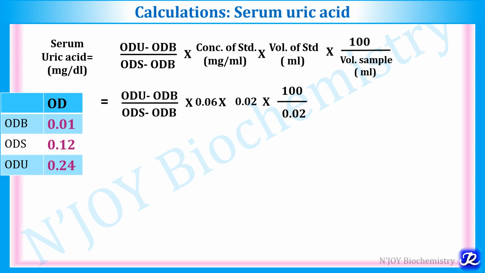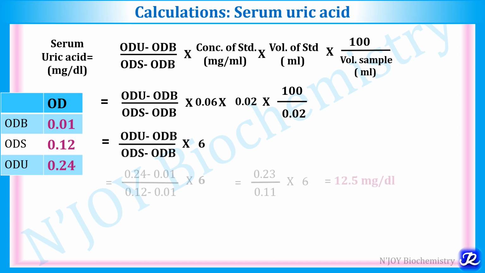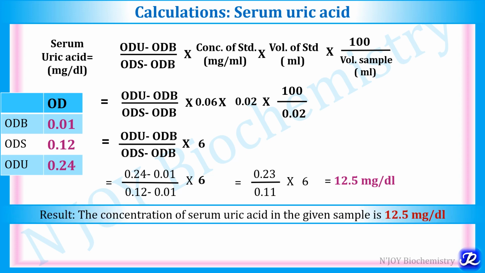So by putting the values, concentration of standard is 0.06, volume that we have taken is 0.02, multiplied by 100 divided by 0.02, and we get the multiplication factor 6. Then we put the values: 0.24 minus 0.01 divided by 0.12 minus 0.01 multiplied by 6, so we get the value 12.5 mg per deciliter. So the result is the concentration of serum uric acid in the given sample is 12.5 mg per deciliter.